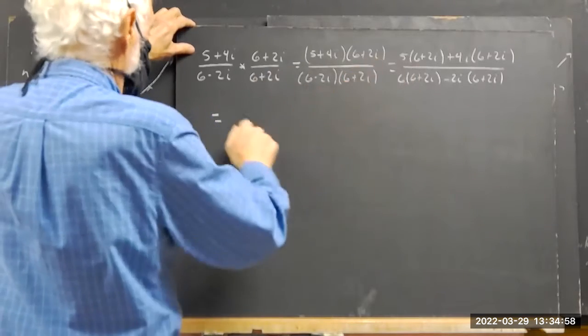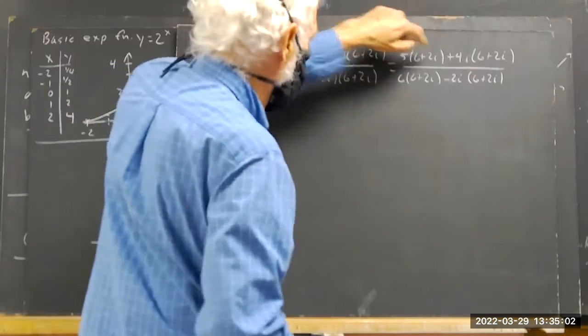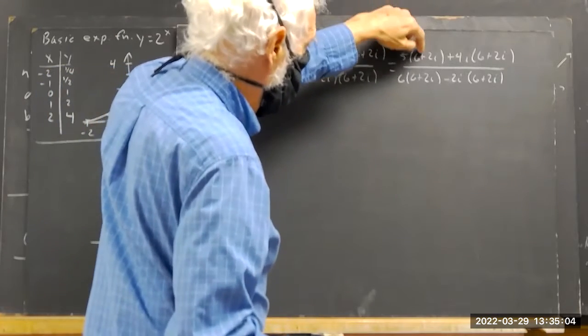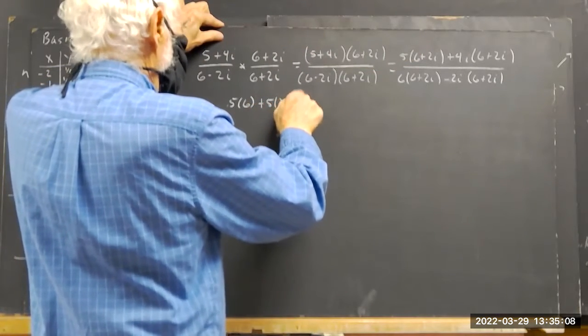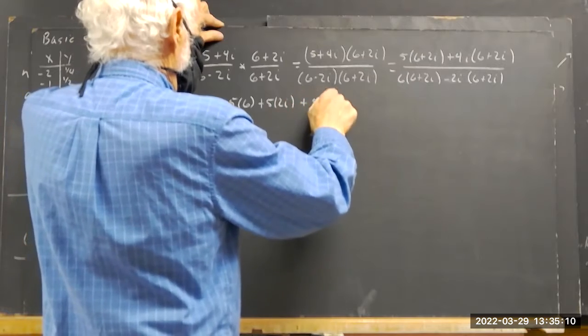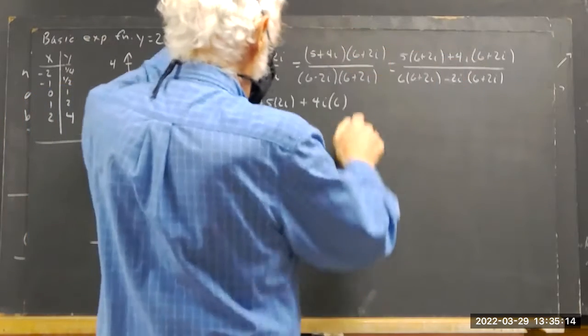Well then, that comes out easily enough. 5 times (6 plus 2i) is 5 times 6 plus 5 times 2i, and you're going to have 4i times 6 here, plus 4i times 2i.